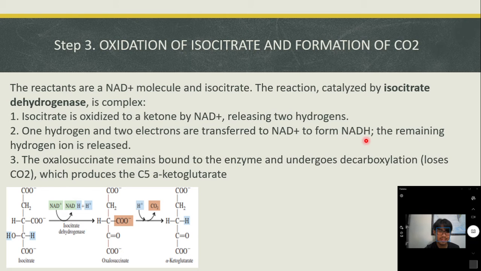And last, a carboxyl group from the original oxaloacetate is removed as carbon dioxide, which produces the 5-carbon alpha ketoglutarate.